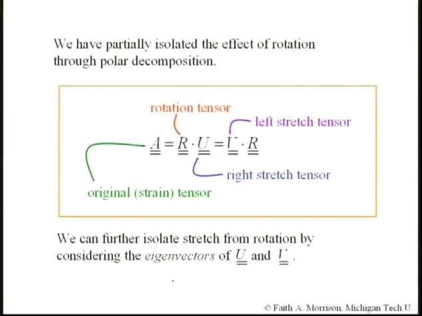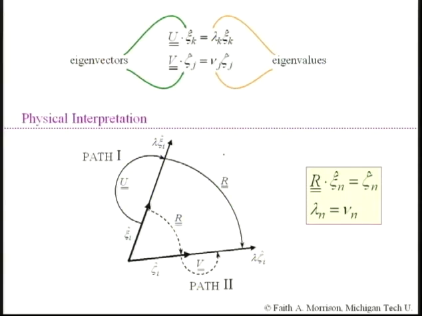We're going to choose to focus on the eigenvectors of these two stretch tensors. And by concentrating on the eigenvectors of these stretch tensors, we're going to completely eliminate rotation. So let me explain what that is. From your linear algebra studies, you've heard of eigenvectors and eigenvalues before.